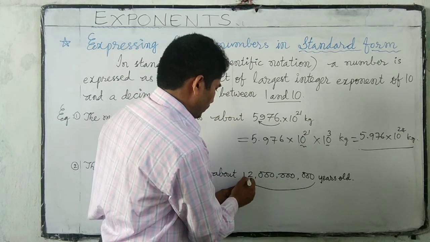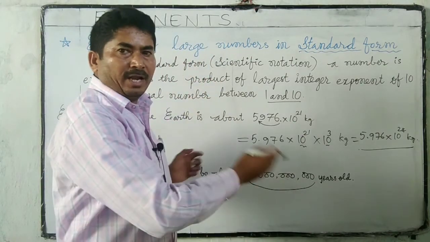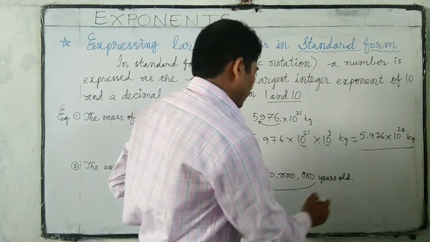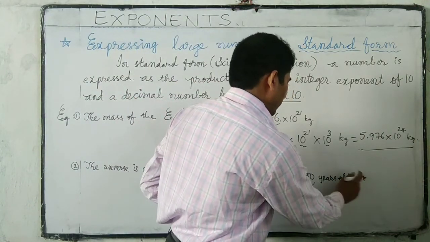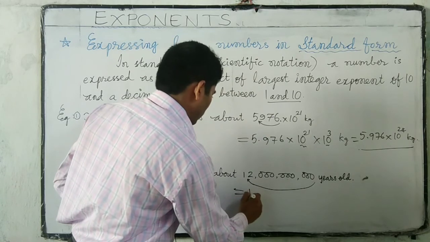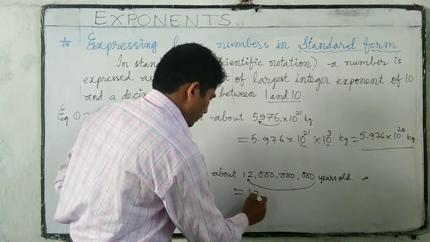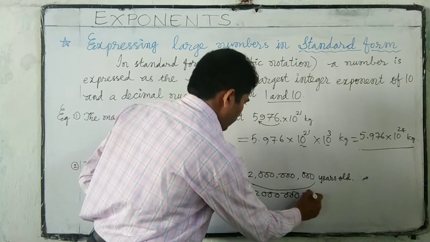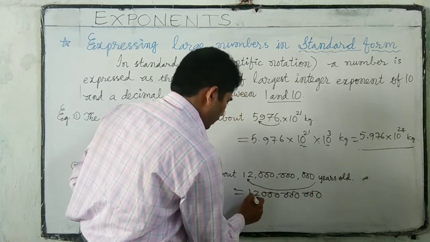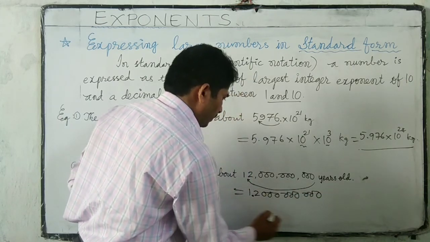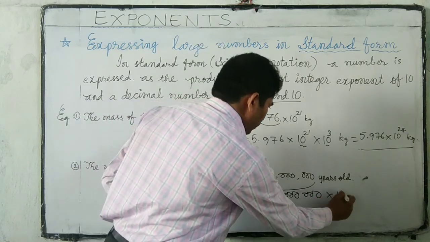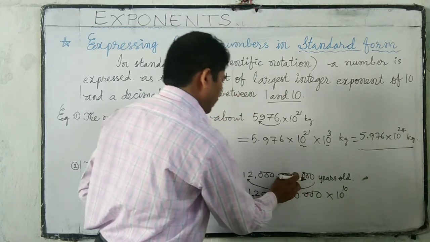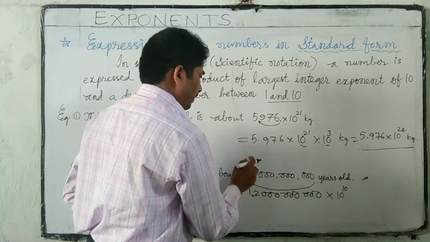We have to shift the decimal point to the left by 10 places. So that's why we have to multiply 1.2 into 10 to the power of 10: 1, 2, 3, 4, 5, 6, 7, 8, 9, 10.